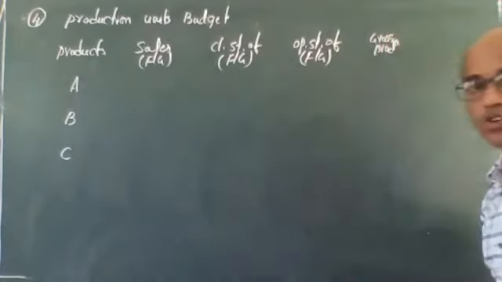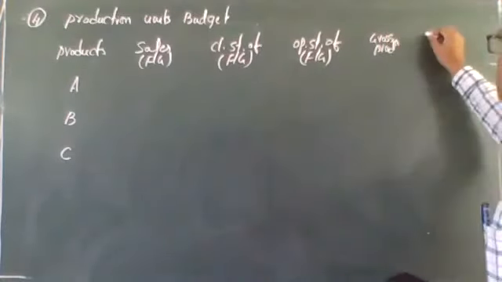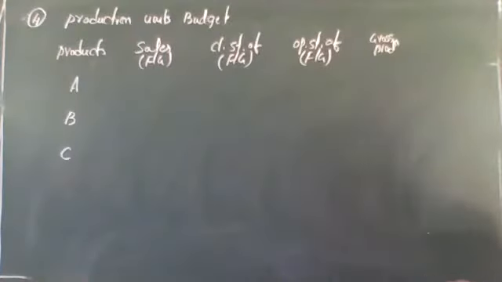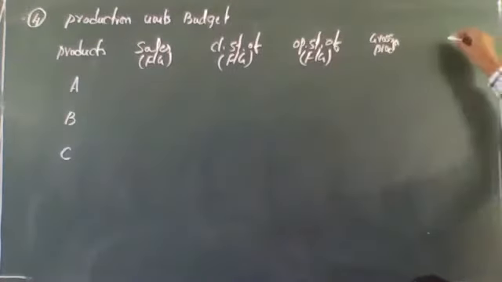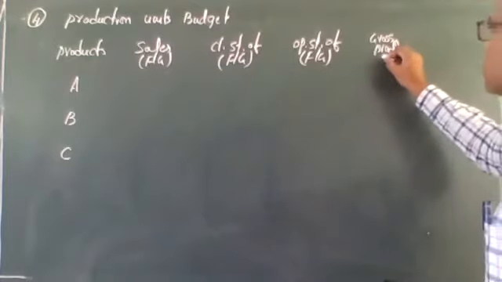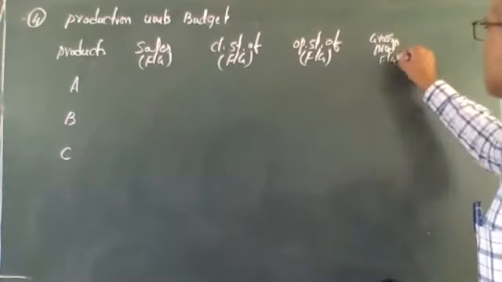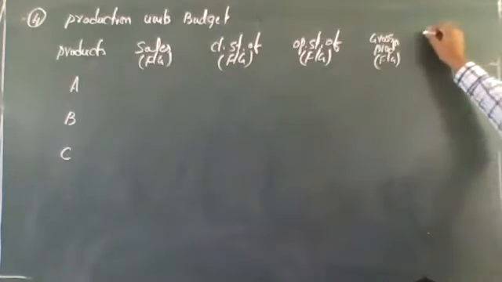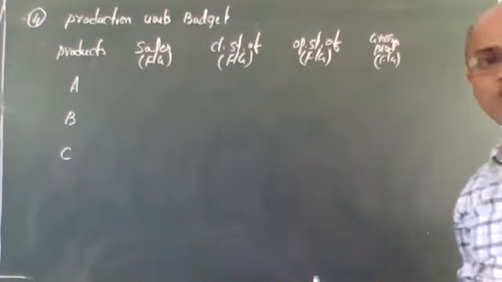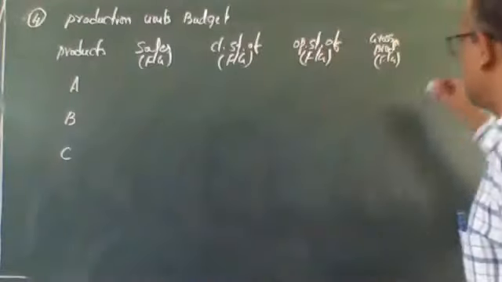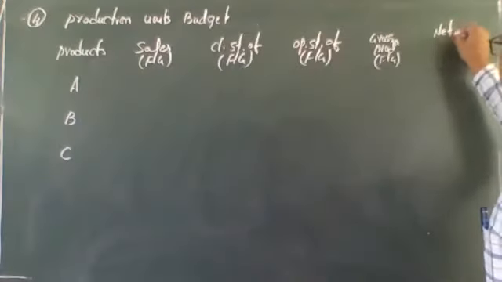Why am I calling it gross production? Because there is a loss, and you require net production. So gross production of finished goods, and you can add up loss here. If you want to show the loss units, you can show the loss units, or you can show the net production.